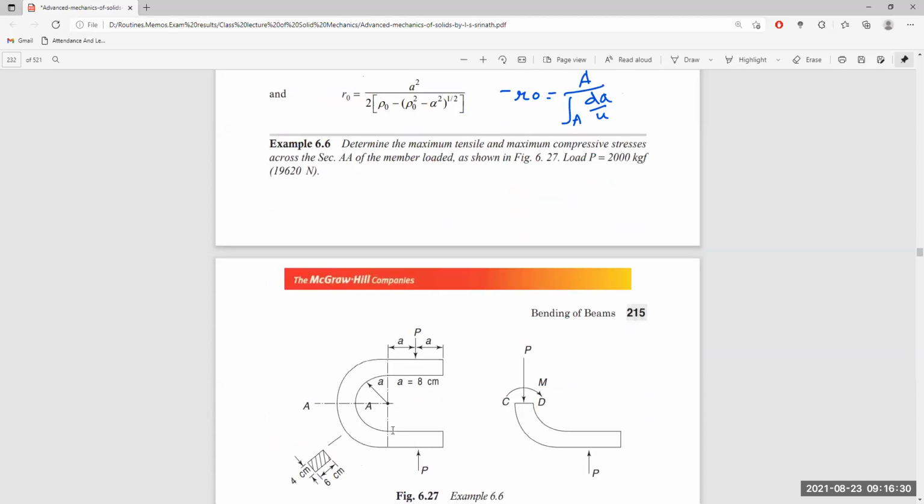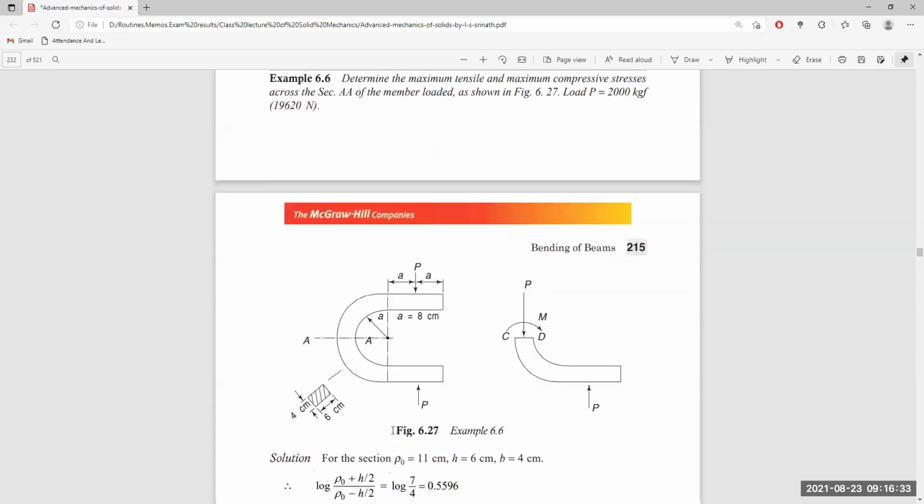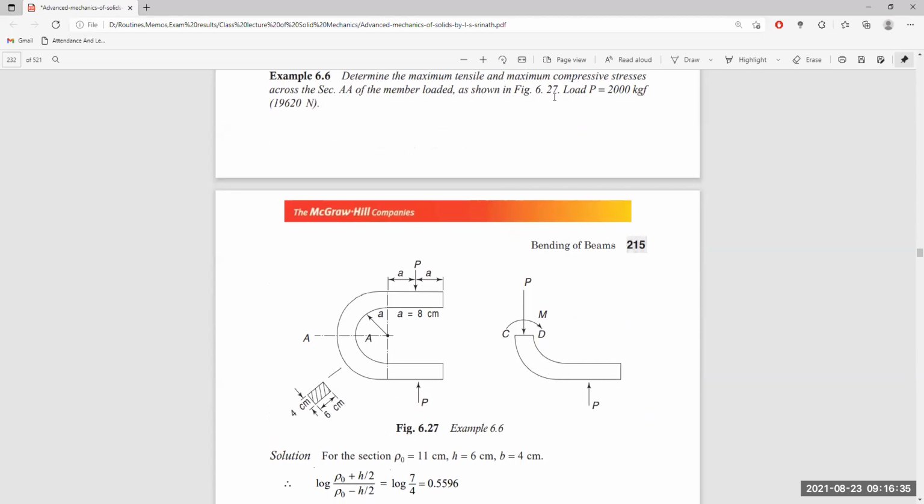What is given? The maximum and compressive stress across this section AA. It is like a U-beam cross section, with sides given as 6 centimeter by 4 centimeter, and a load applied at a distance A from this end and from this end itself.